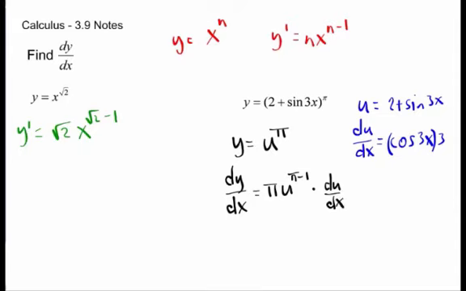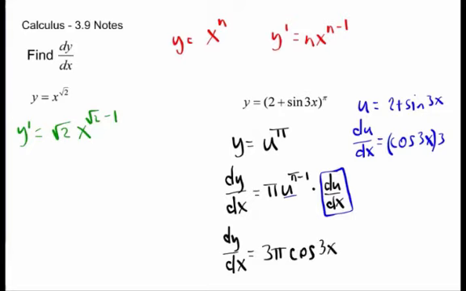So substitute back into your stuff for u and for du dx. And your answer then, dy dx is equal to 3 pi, okay, times cosine 3x times 2 plus sine 3x to the pi minus 1 power.